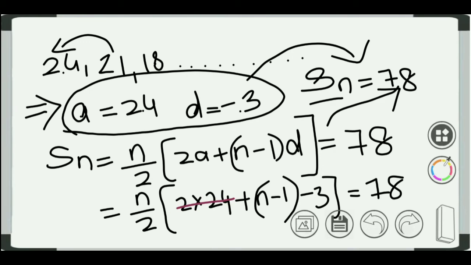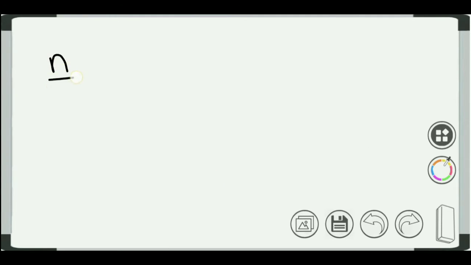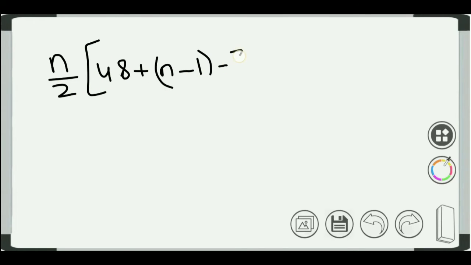So Sn is equal to n by 2 into 48 plus n minus 1 into minus 3, which is equal to 78.